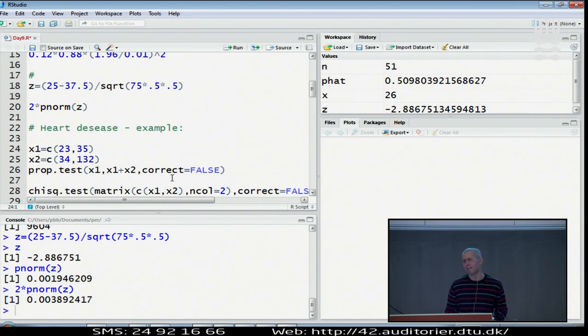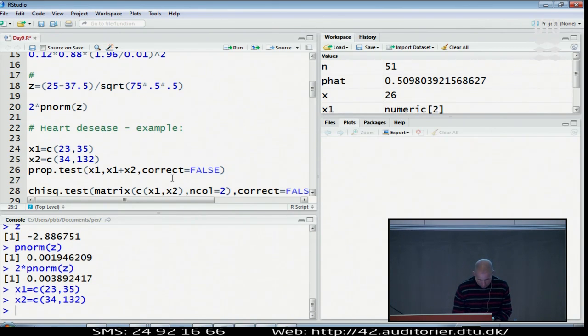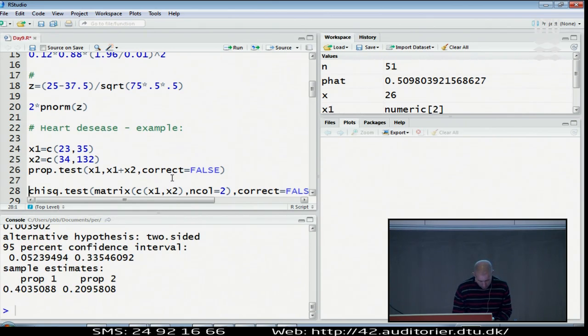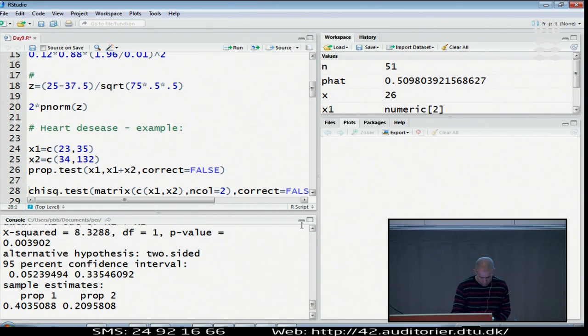So I decided not to hold you up on that, but I'll show them to you anyway. Here is the example. Here's the chi-square test of this proportion, 8.33, which I got from using the prop.test function.